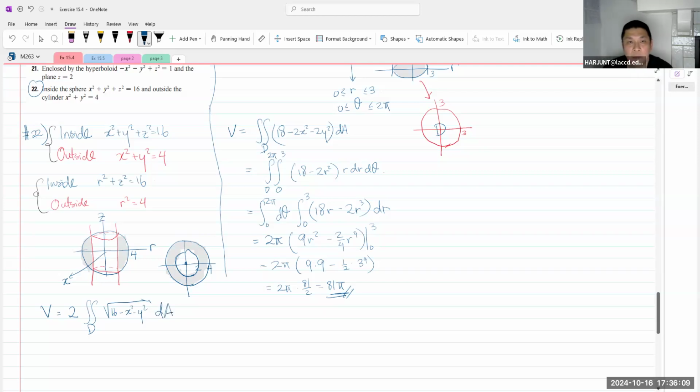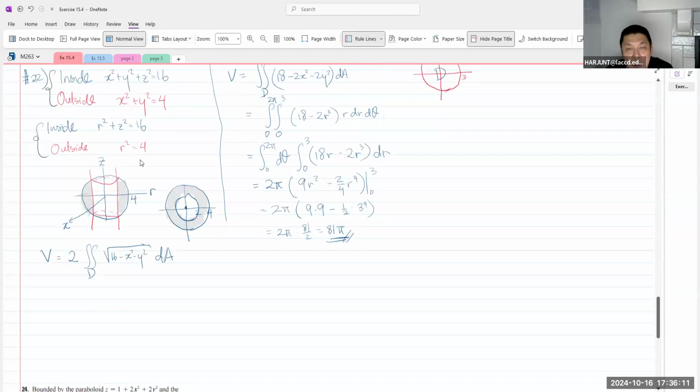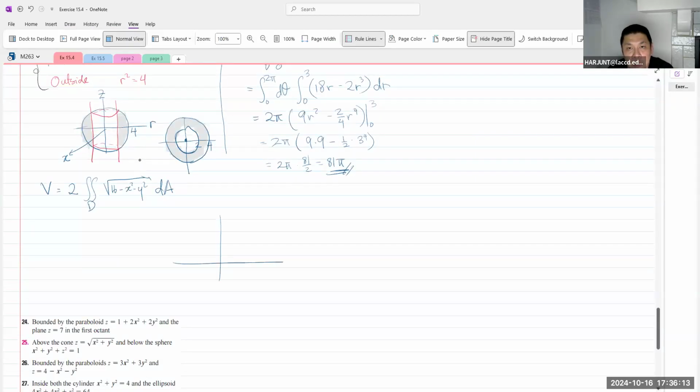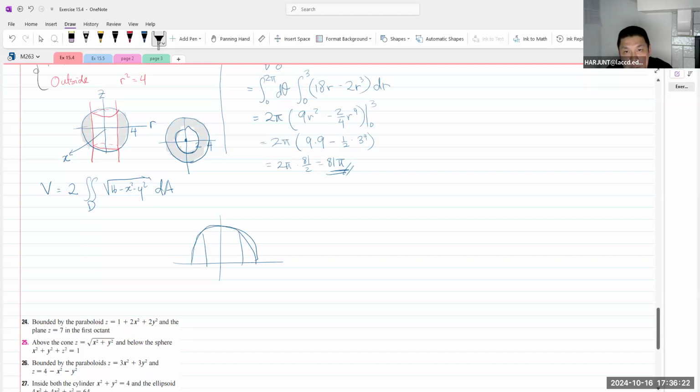Think of it this way. So if we see from the side, imagine that graph actually, this part here is this part here, but you rotate that with respect to the z-axis. That's what we get.